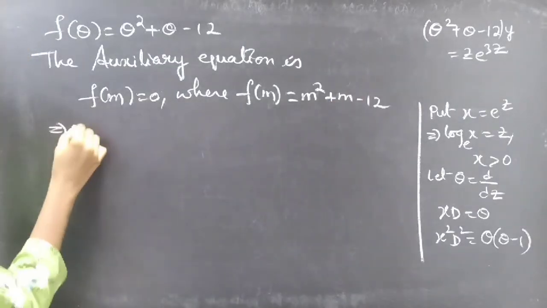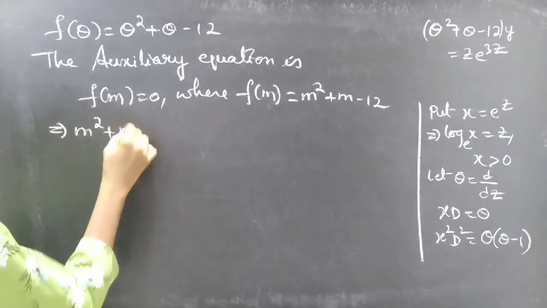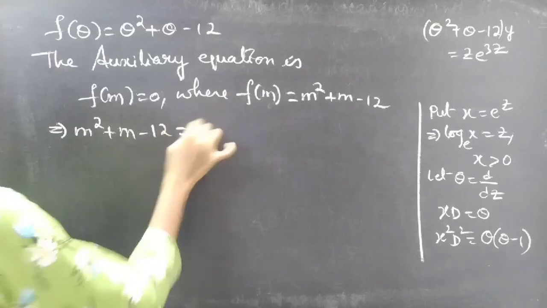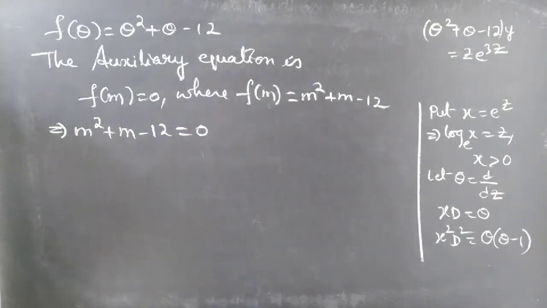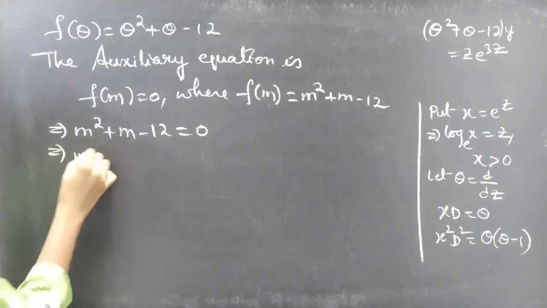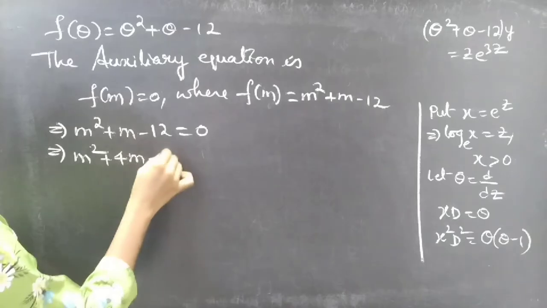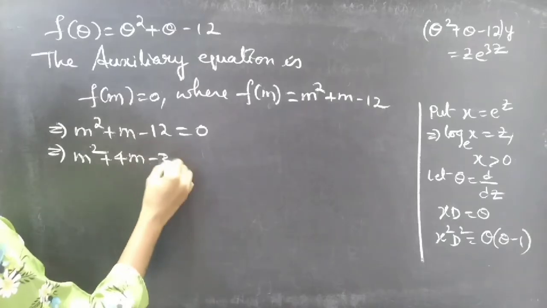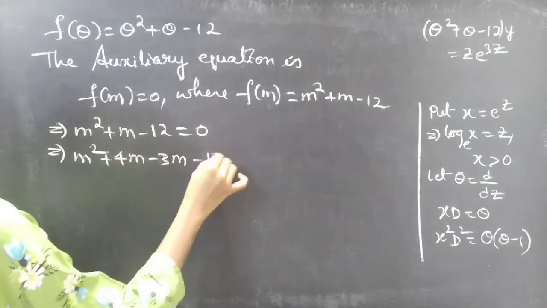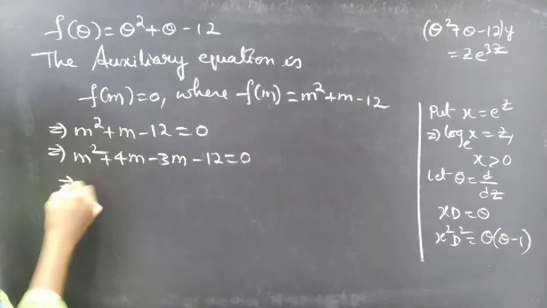Then our auxiliary equation becomes m square + m - 12 = 0. Write plus m as plus 4m minus 3m, minus 12 = 0.